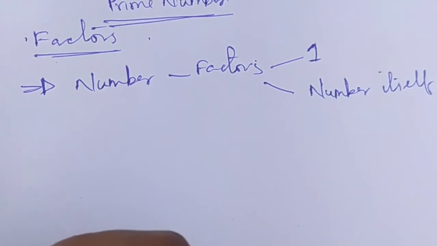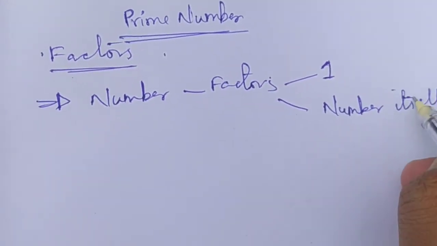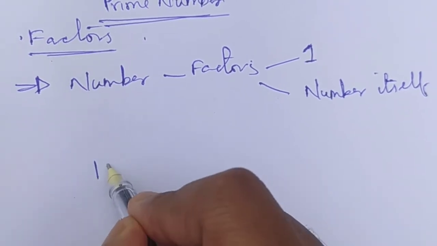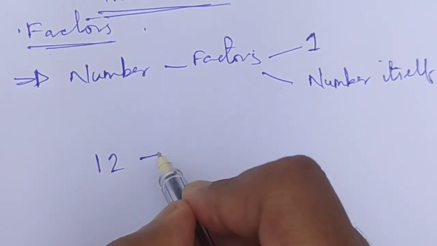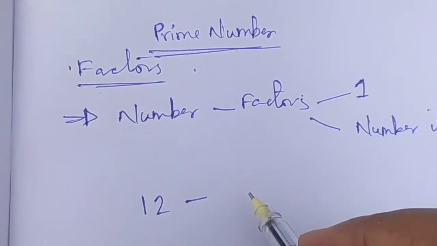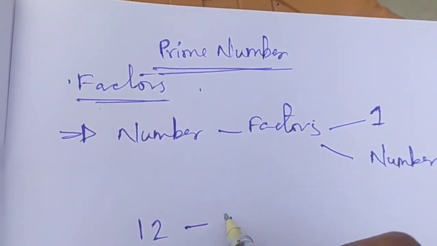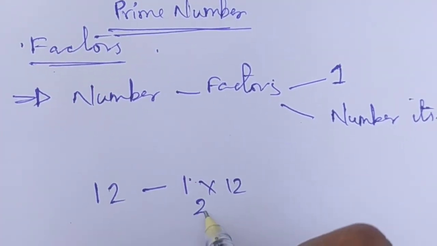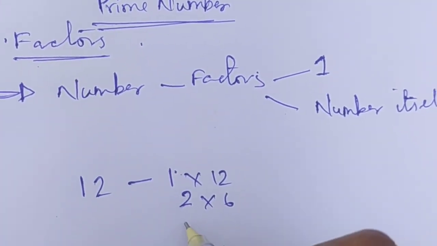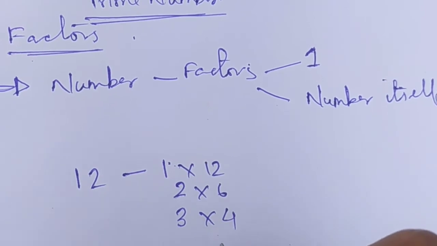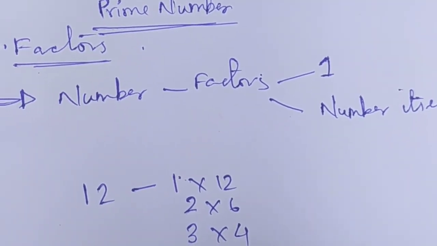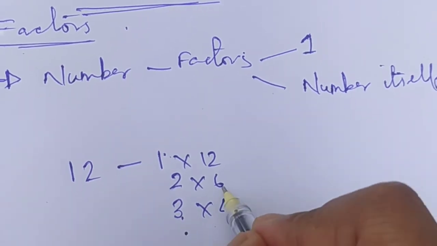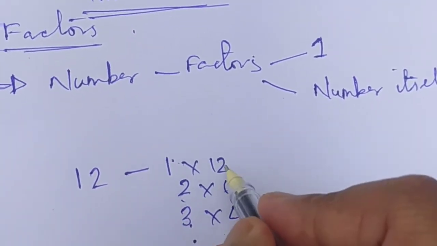So if we take any number, let's consider 12. What are the factors of 12? Let's find out. 1 table, 1 into 12. 2 table, 2 into 6. 3 table, 3 into 4. 4 table, 4 into 3. 5 table, you don't have. 6 table, 6 into 2, and then 12 into 1.